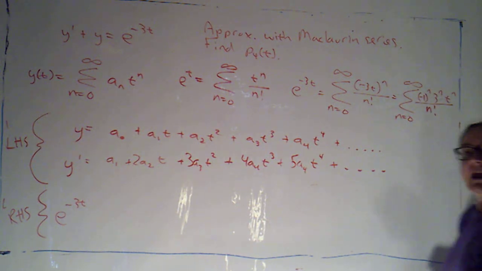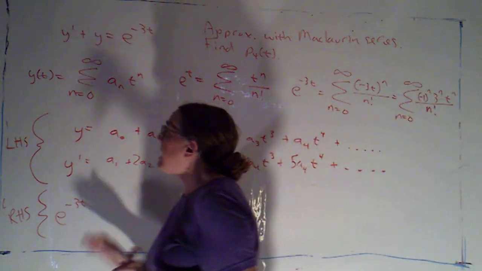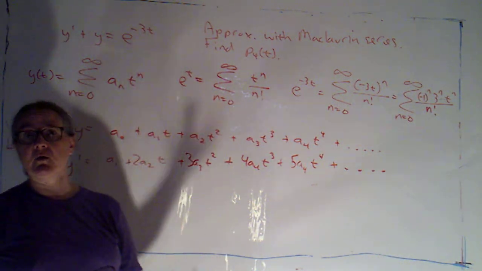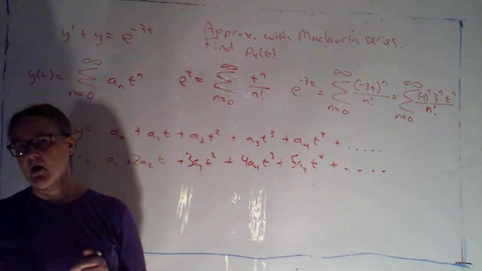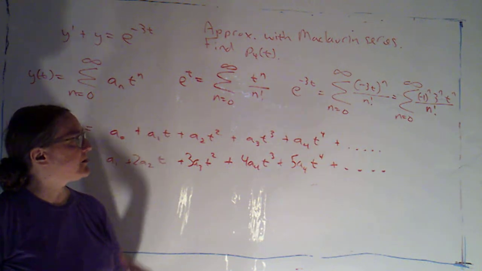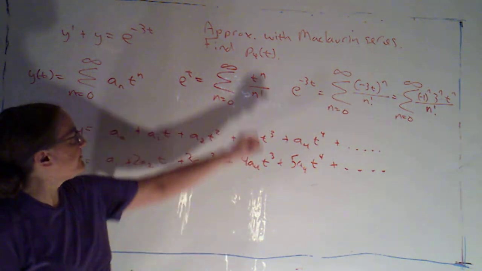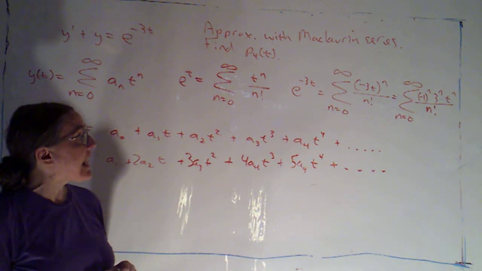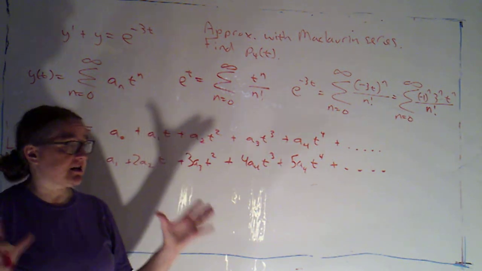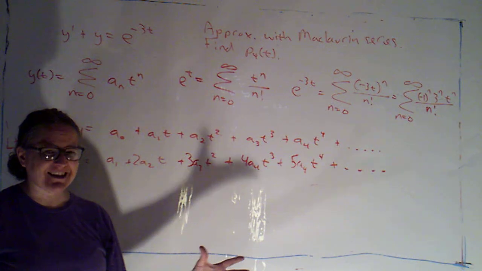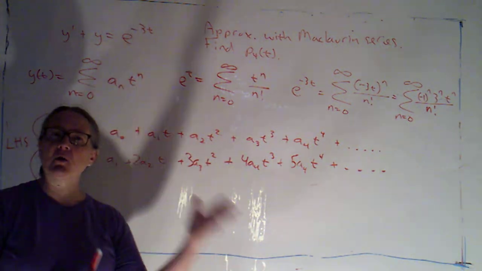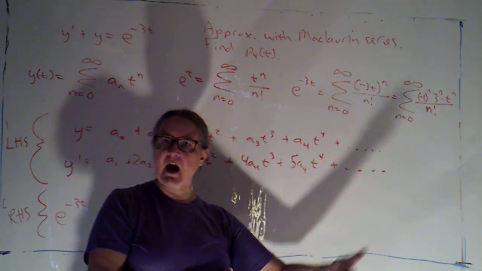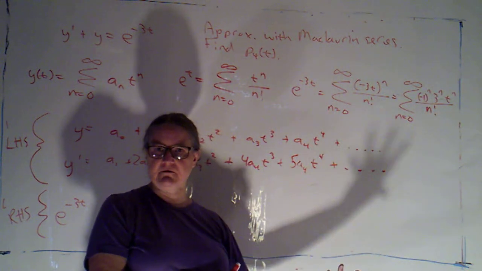Now, I should point out, in this problem, I'm just doing essentially what you're going to be asked to do in the homework, which is to find the series up to a certain degree, to find, in this case, the fourth Maclaurin polynomial. For that reason, I'm not trying to describe all of the coefficients. I don't really care about noticing a pattern and being able to describe that pattern that continues infinitely.